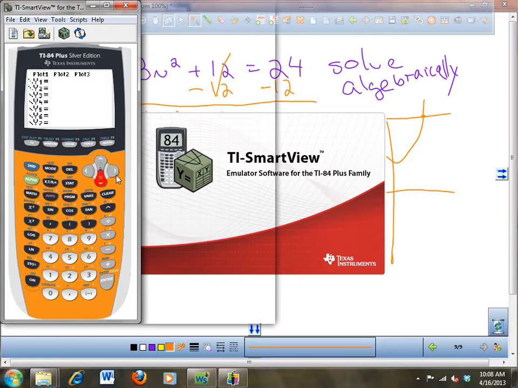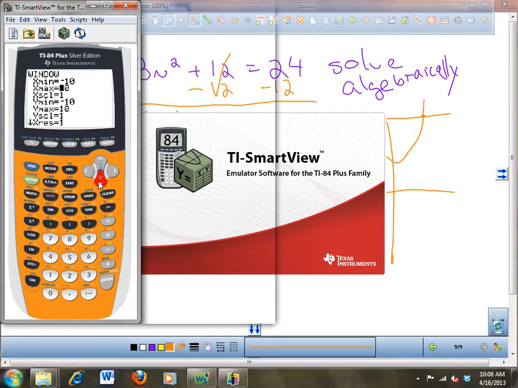Y equals 3x squared plus 12. And then I graph the line y equals 24. And I set my window so that I can see this.